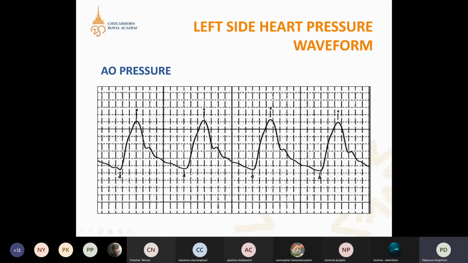You see the systolic phase over here and a little bump here, which is called the dicrotic notch. This refers to the aortic valve closing. And this phase is the diastolic phase. So during the case, you will be able to see this aortic pressure all the time.